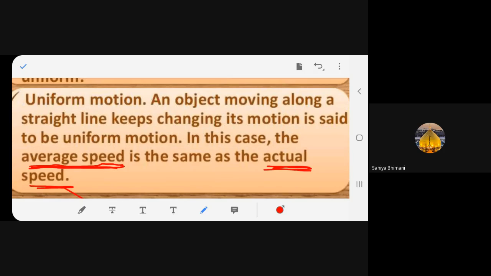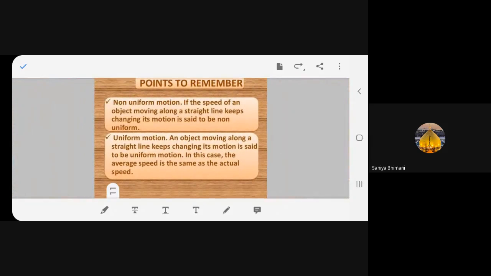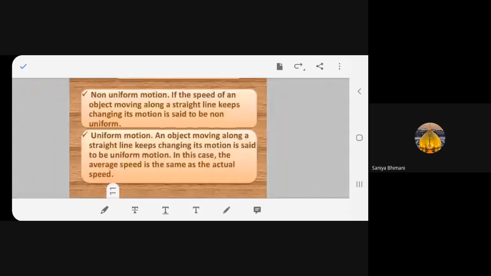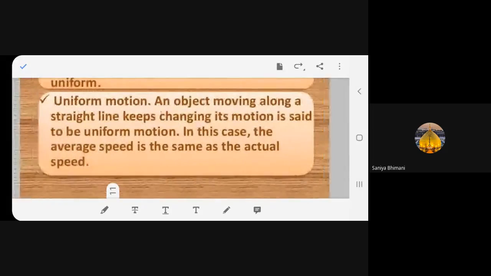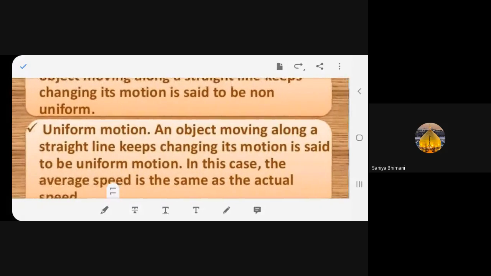You understand? So in uniform motion, the average speed is taken. I think there's something wrong over here. It does not keep changing its motion. What should be written?